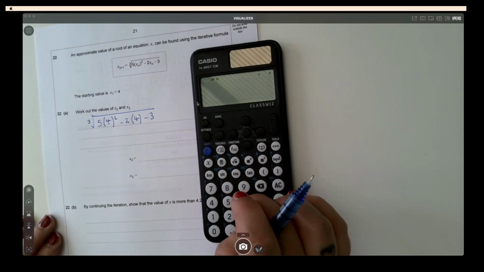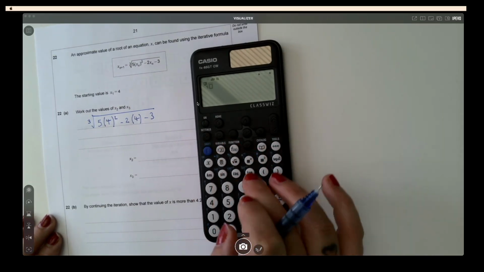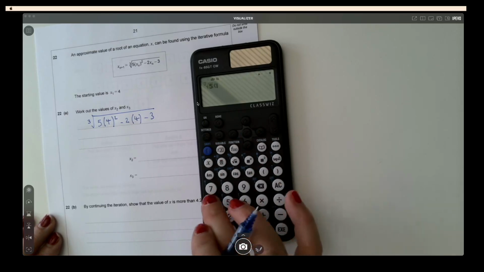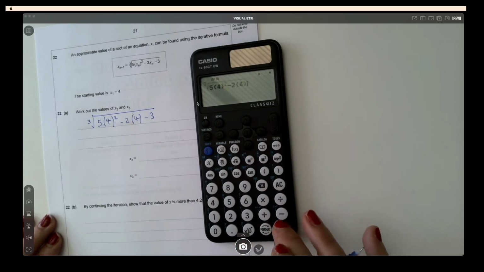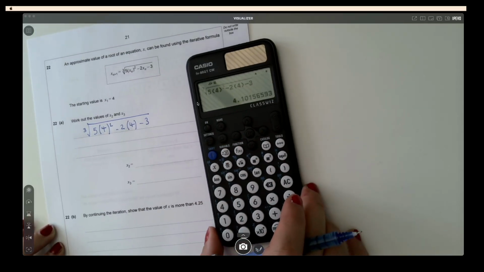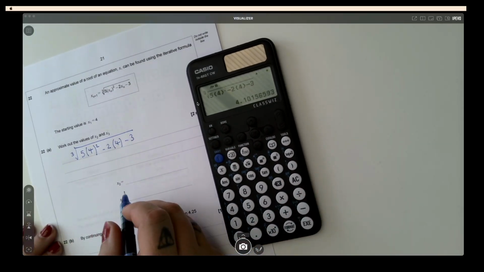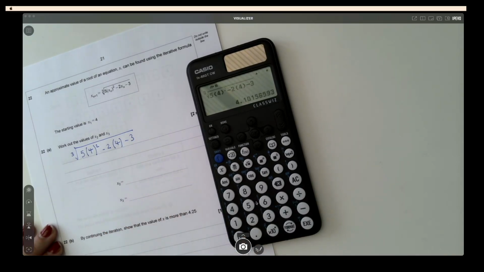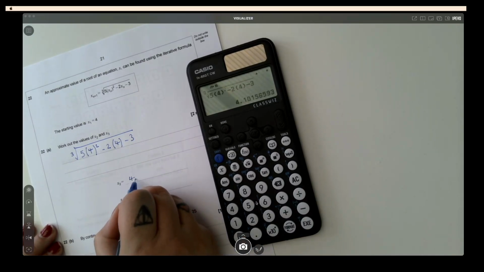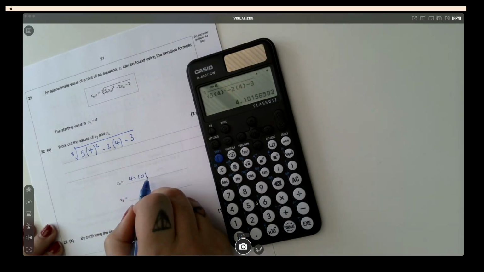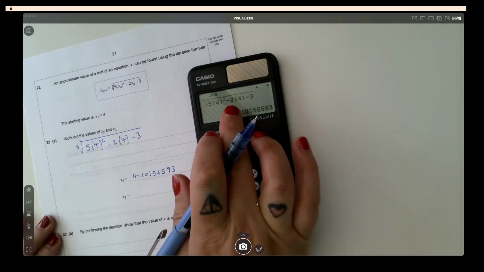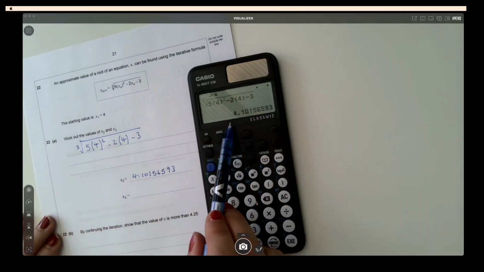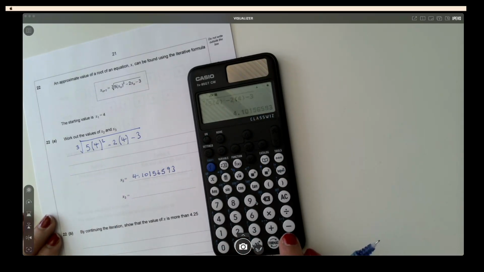Okay, so we have the cube root of 5 times 4 squared, subtract 2 times 4, subtract 3. And then I'm going to press equals. So x2 is 4.1015659.3. Now I'm going to use this value. So that's my answer.